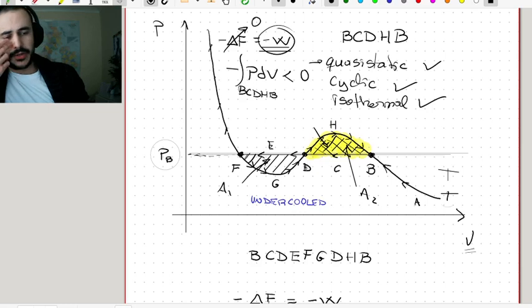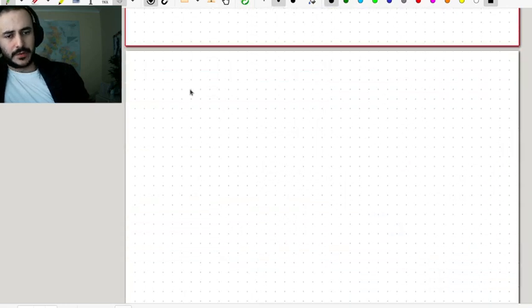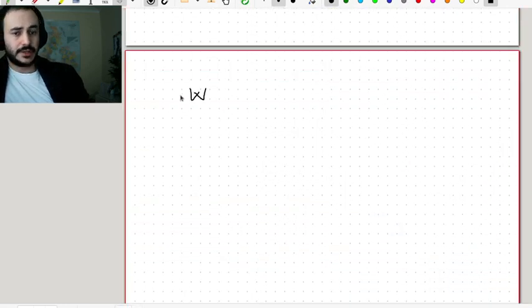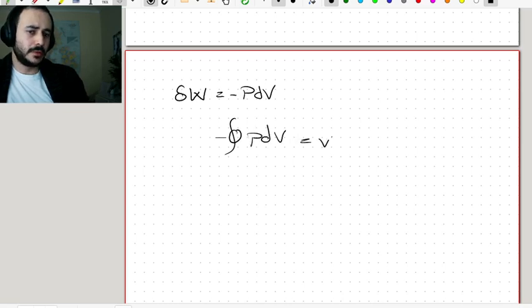So now the trick here is that you can calculate that integral, but this is not equal to the work. What we said in the very beginning of the module is that if you have a reversible infinitesimal process, the work is minus PdV. And then if you integrate that over any cyclic process you want, like this, you will get some work.